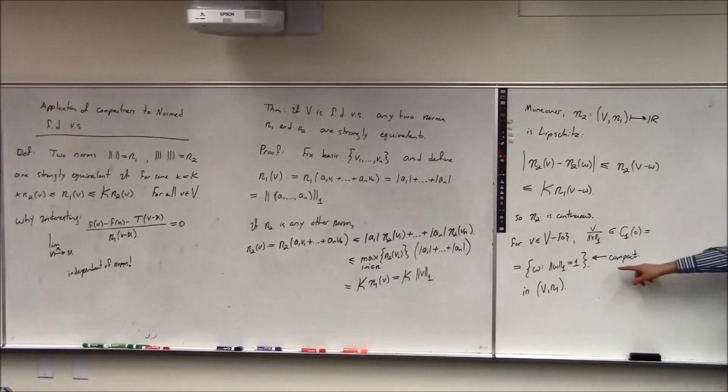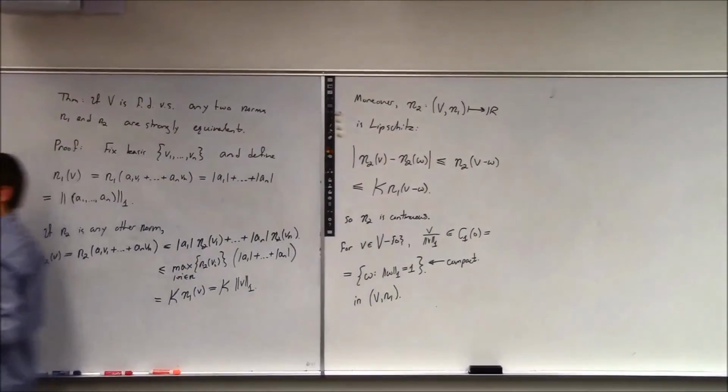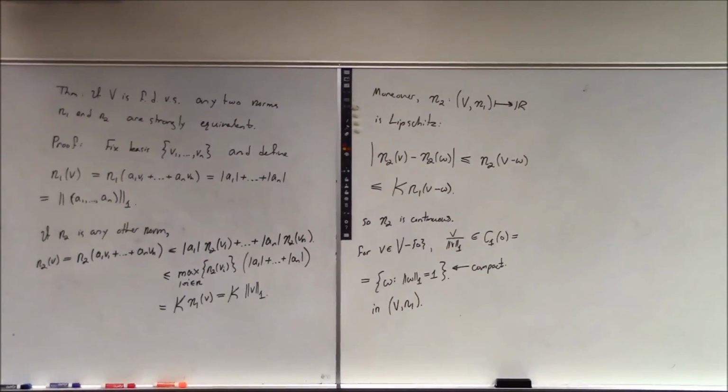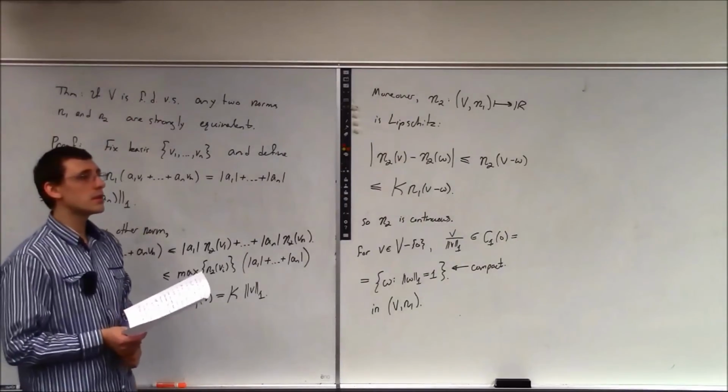Would it be compact if I make it an infinite dimensional space? We saw examples of that. It's not, because you can have sequences where you just have 1 and then 0.